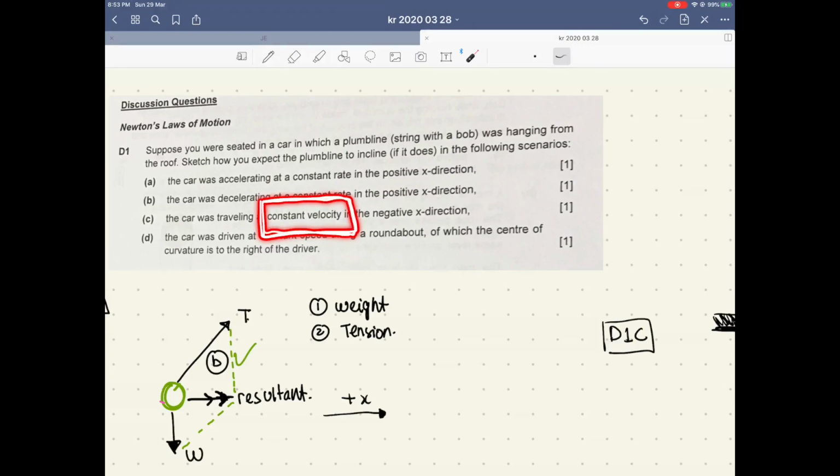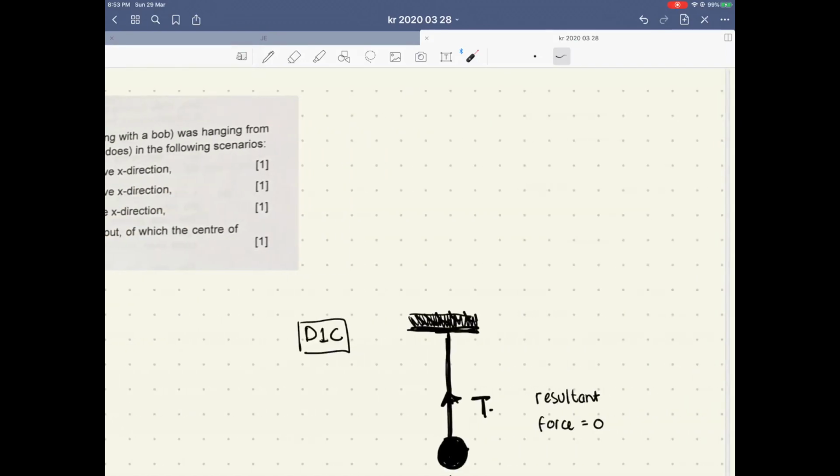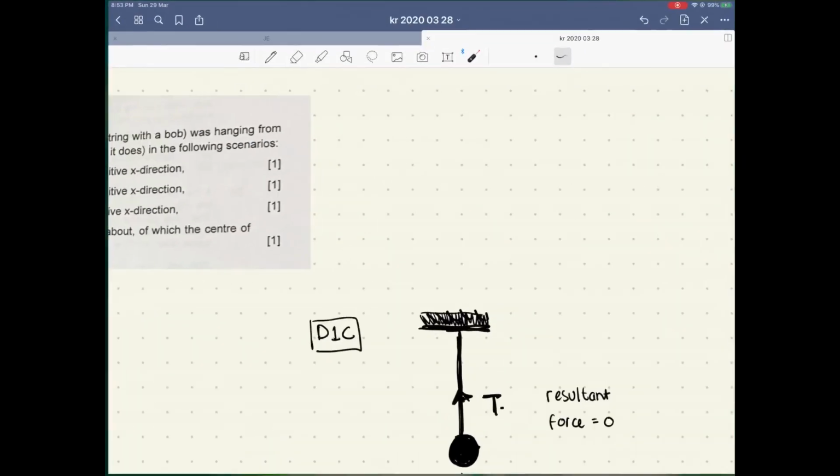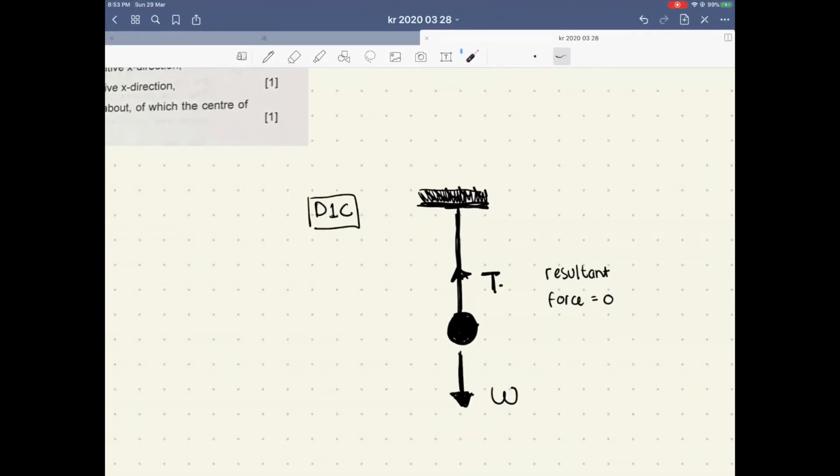We are trained to be sensitive to this word. Constant velocity simply means the resultant force is zero. I write on that: this is because it's constant velocity, the resultant force is zero.